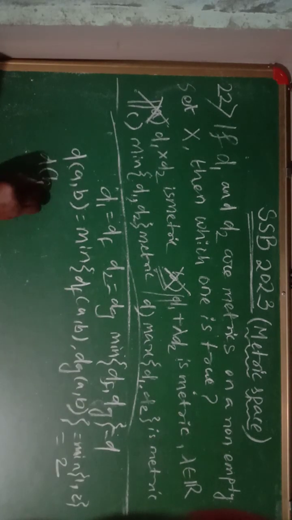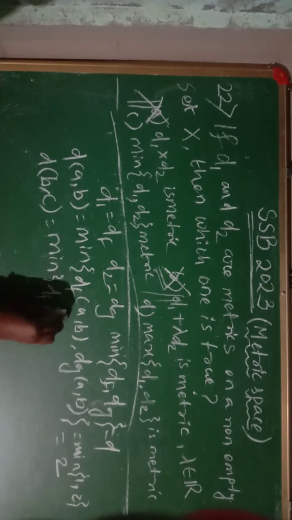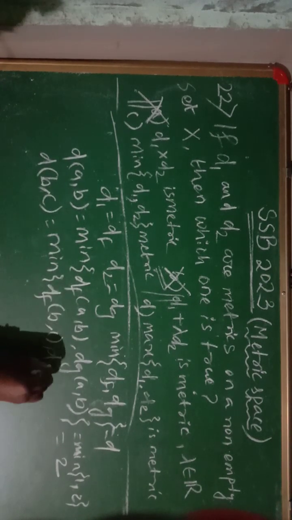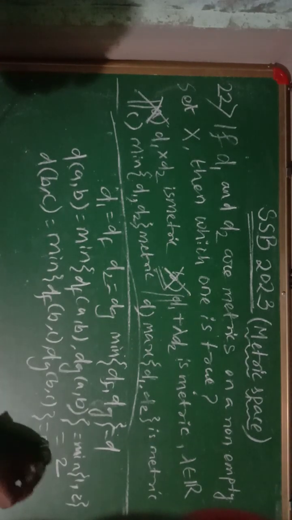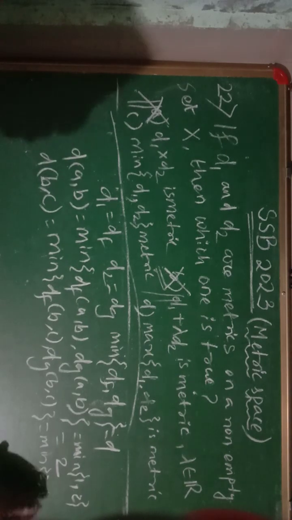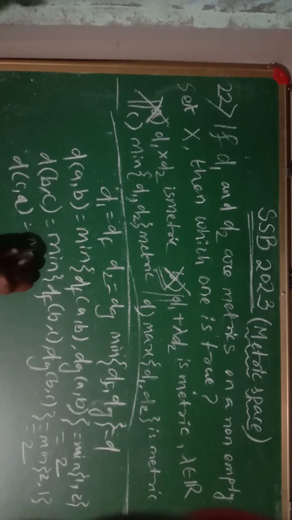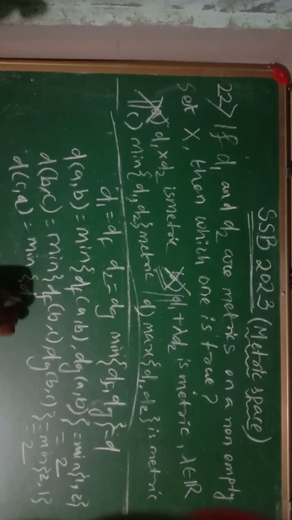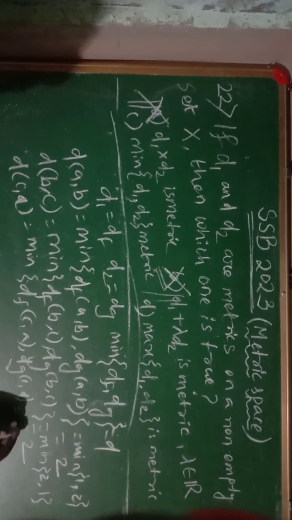Similarly D of B comma C equals the minimum of DF of B comma C comma DG of B comma C, which is the minimum of 2 comma 1, which is also 1. And similarly D of C comma A equals the minimum of DF of C comma A comma DG of C comma A, which is the minimum of 3 comma 3 equals 3.